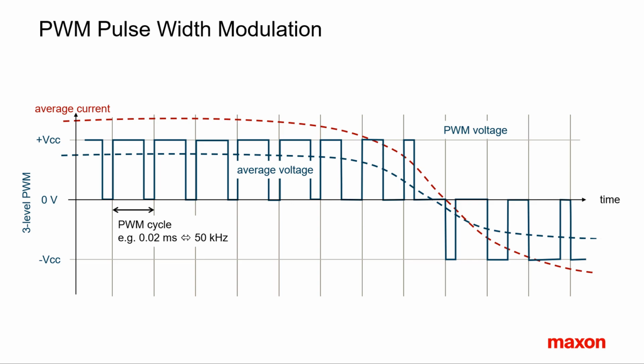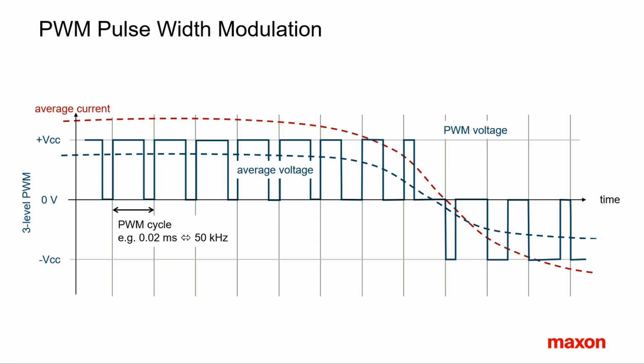The PWM frequency must be high enough for the supplied system just to see the average voltage. Optionally, the receiving system could do some input filtering. Let us turn to powering motors with PWM. Motors have mechanical time constants of several milliseconds.